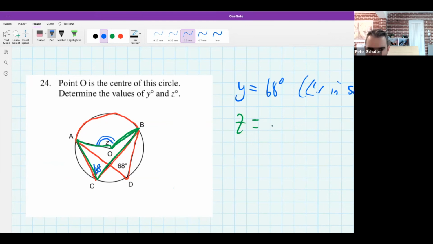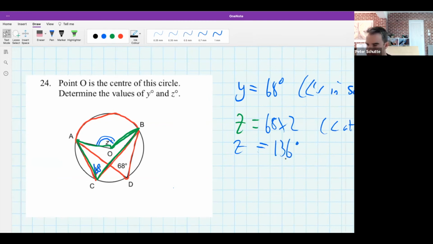Is it going to be 68 again? No, it's not. Because that's the angle at the center, that's the angle at circumference. So this is going to be 68 times 2. Angle at center is double, and so that should be 136 degrees.